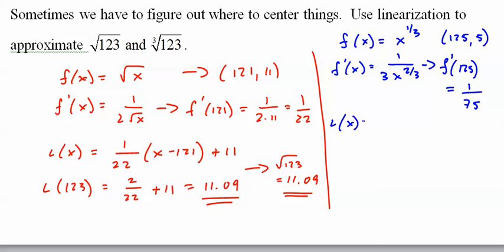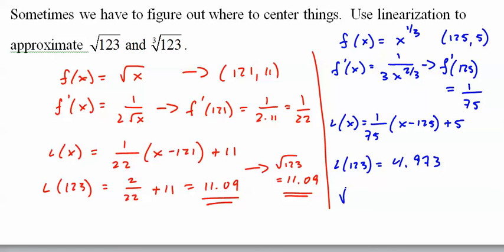Linearization is 1 over 75, x minus 125 plus 5. Interesting. Put 123 in, and we get out 4.973. Take the third root of 123, and we get 4.973. Kind of neat.